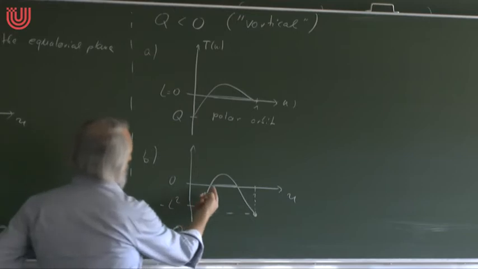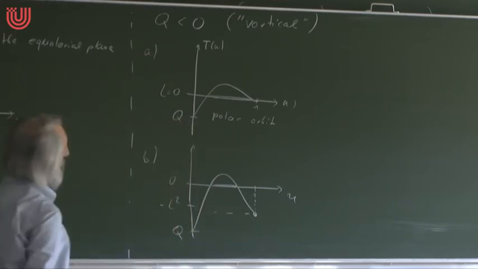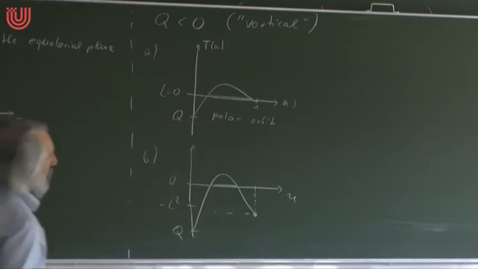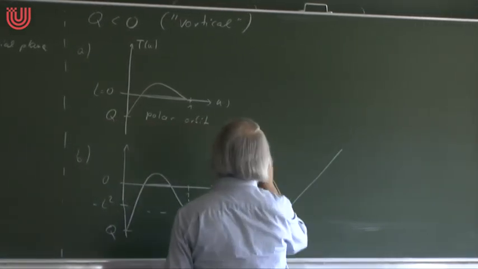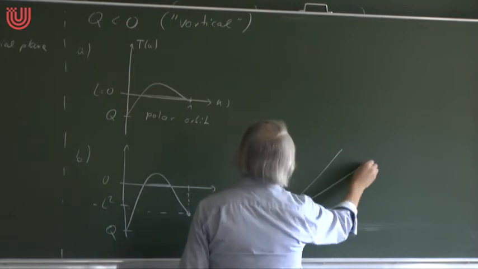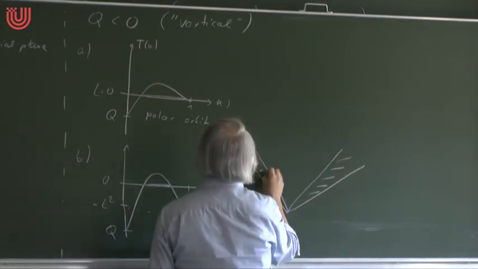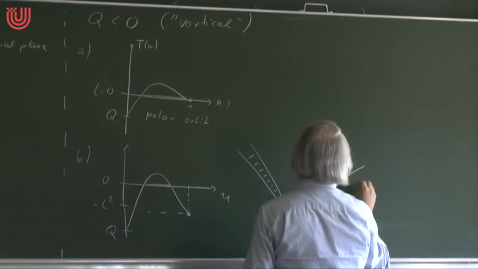And this would be something really funny, right? So the orbit is confined to two cones. This is the allowed region.